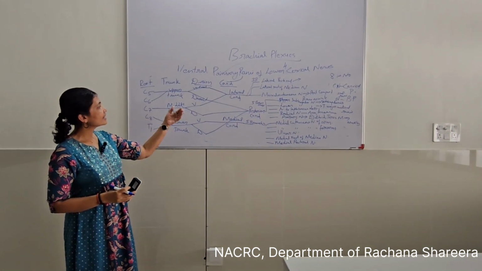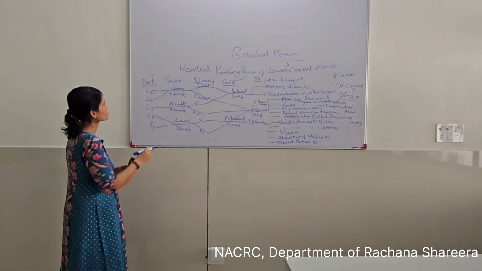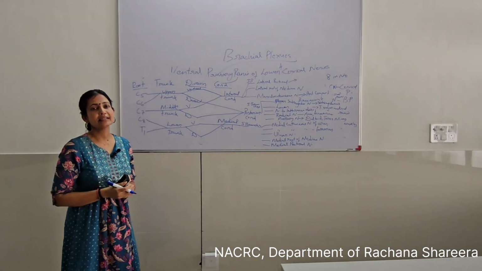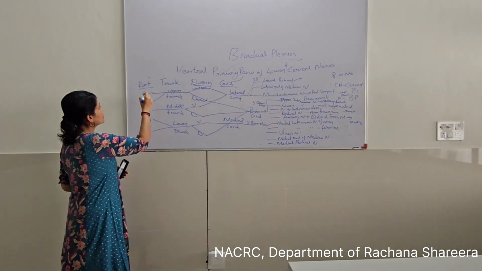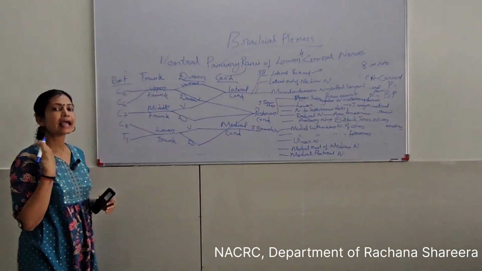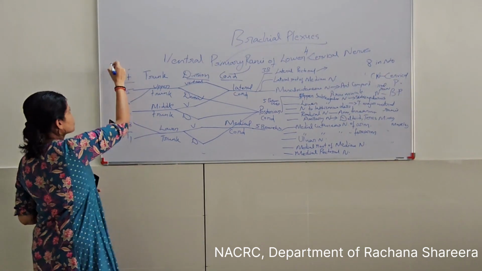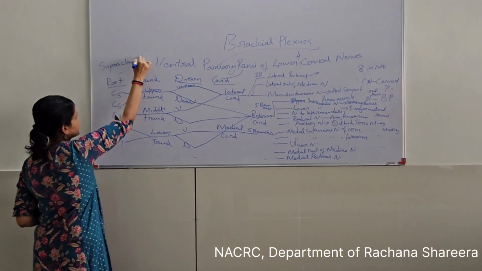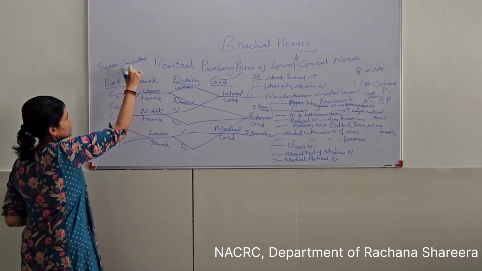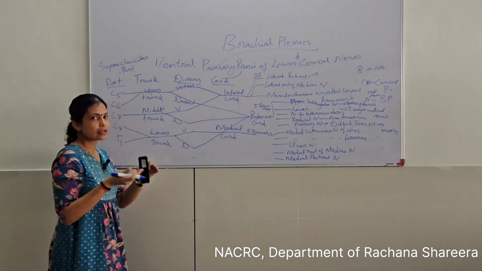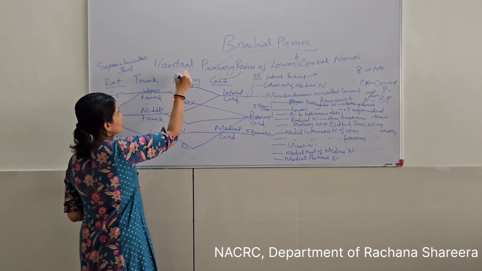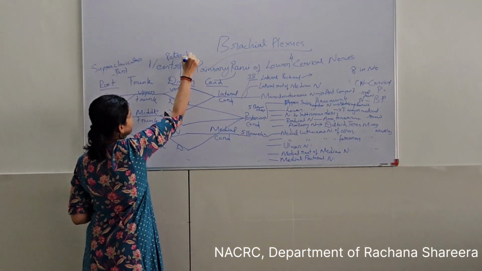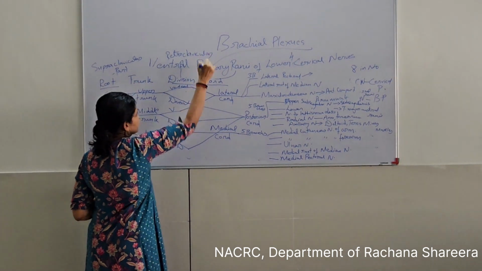Now regarding the relation of the brachial plexus, the relation is based on the clavicle. So root and trunk lie above the clavicle. So they are the supraclavicular part. Division lies below the clavicle, so it forms the retroclavicular part.